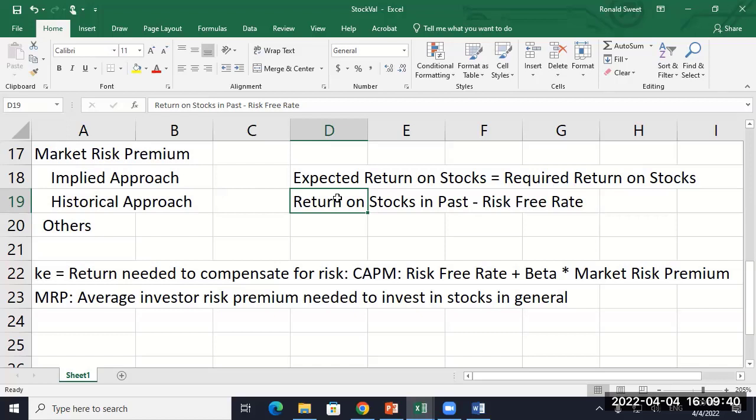And then the implied approach came along, and the implied approach said, you know what? The return we got in the past might not have been what we required. We might have required 8%, but we were surprised and got 10%. So we were really, really happy. So if we use history, we might have a risk premium that's too high because we just come through some really, really great times.